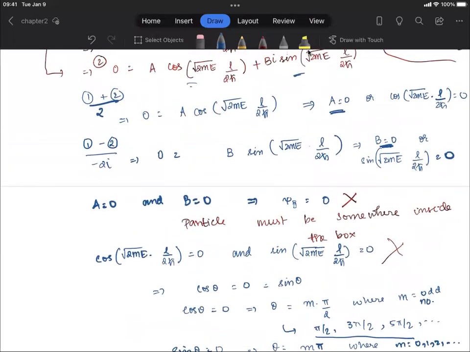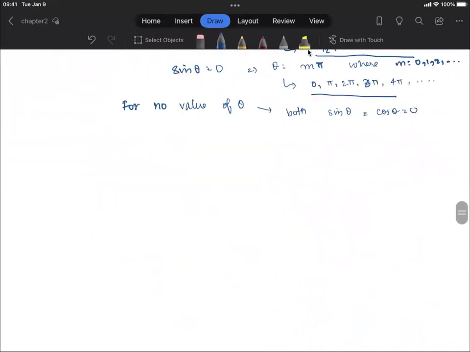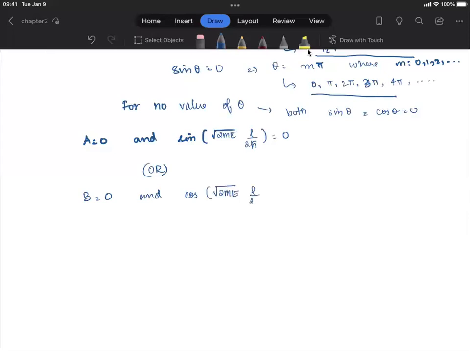So the only two possibilities for picking the conditions would be either A equals 0 and the sine term is 0, or B equals 0 and the cos term is 0.